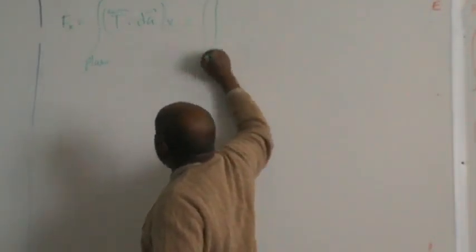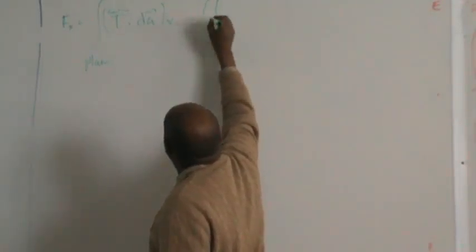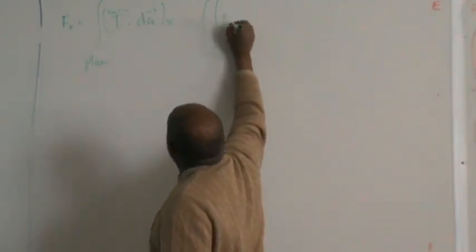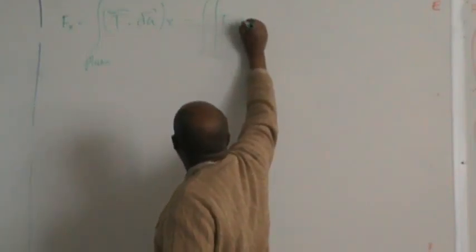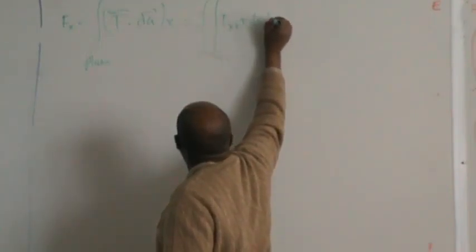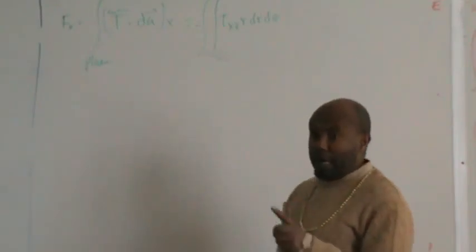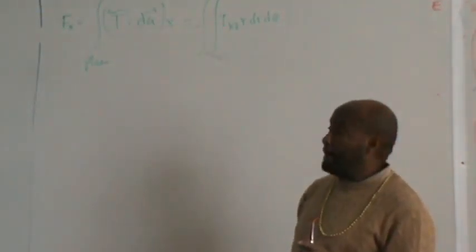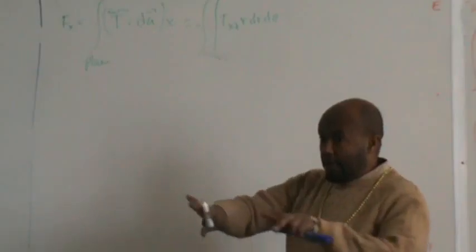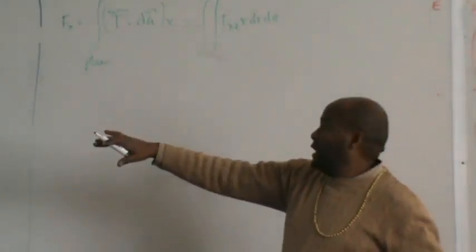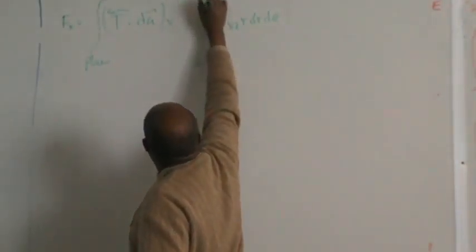So it's going to be a double integral of, with the minus sign, Txz r dr d phi, right? So where should r vary from what to what? We are covering the entire plane, so r should vary from 0 to capital R.